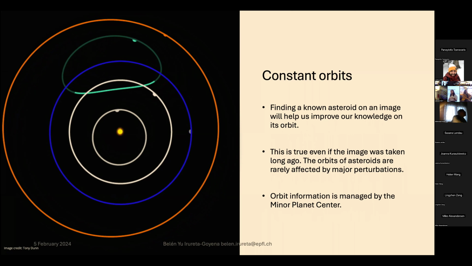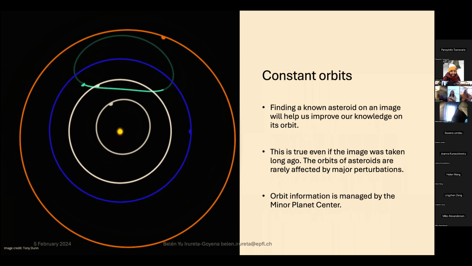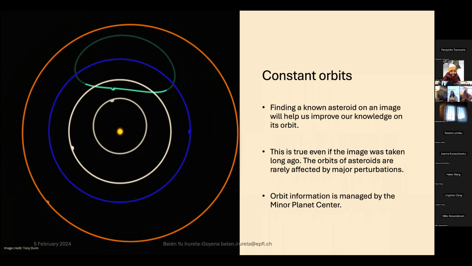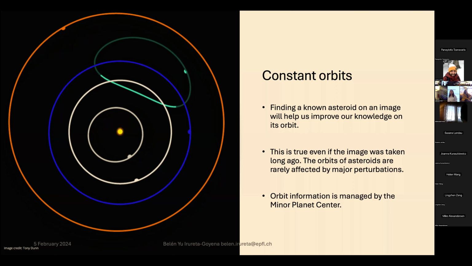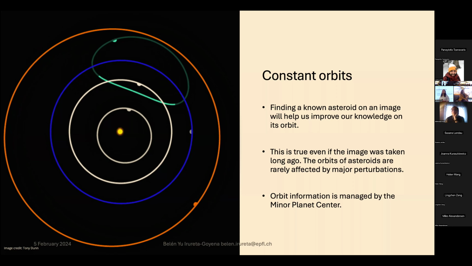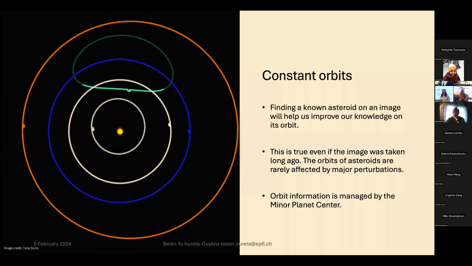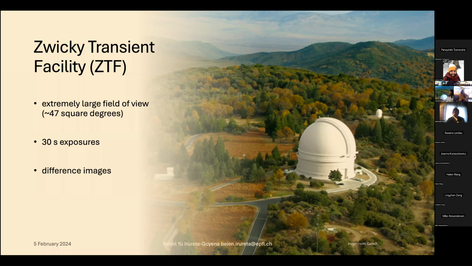All of this orbit information and asteroid information is actually sent to and managed by the Minor Planet Center, which is here at the CfA, and is the body that's overseeing all the data insights into asteroid orbits.